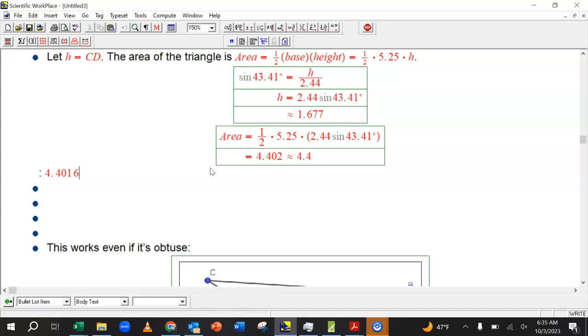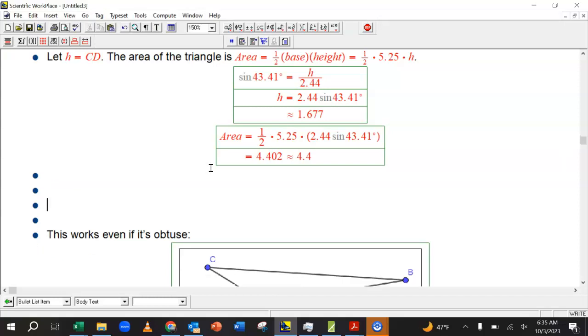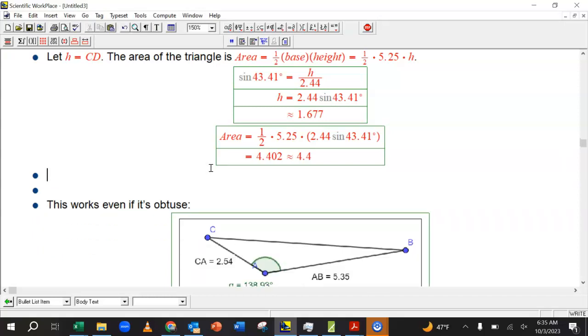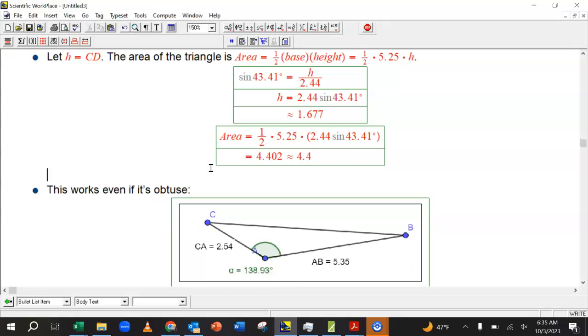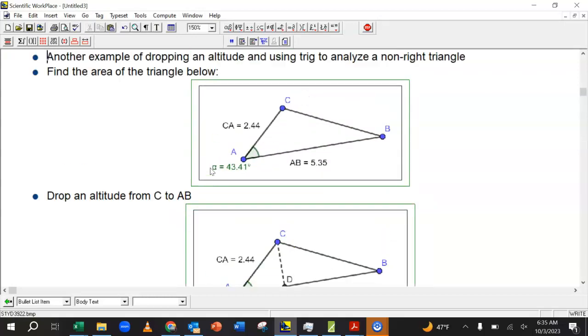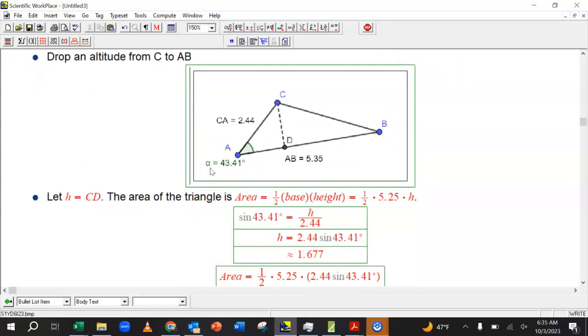Okay, so I want to point out one variation on this, and it's a very important thing about the general procedure of dropping altitudes, and that is you can drop altitudes outside a triangle. What you're really doing when you drop an altitude, even in these examples, is creating a segment from one vertex that's perpendicular to the line containing the other side. Here, it actually hits the segment that is the other side.